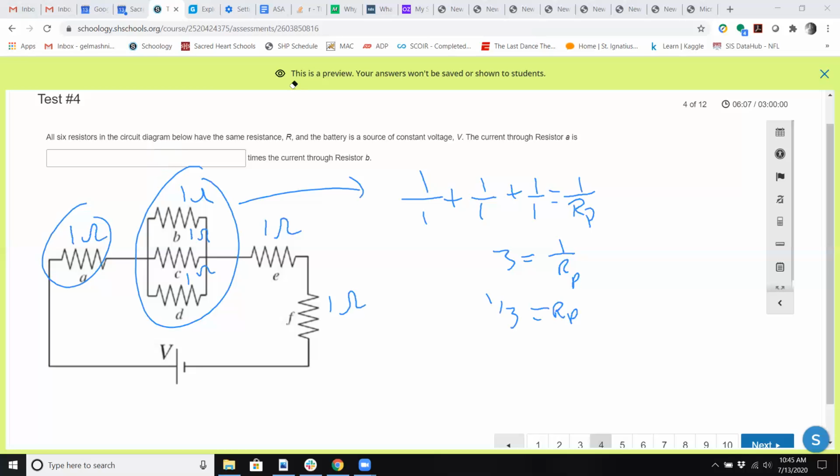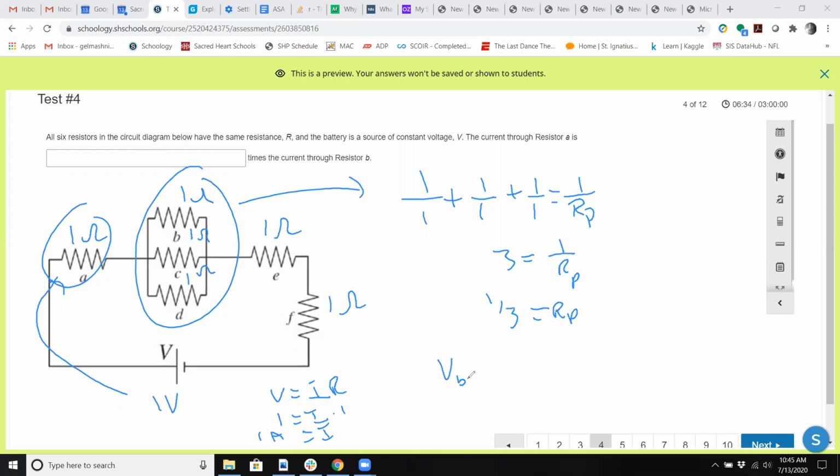Okay, let's say the voltage was 1 volt and V equals IR. So 1 equals I times 1 as I'm passing through A. So my current will be 1 ampere. Then what's going to happen is that the combination is this 1/3 of BCD.